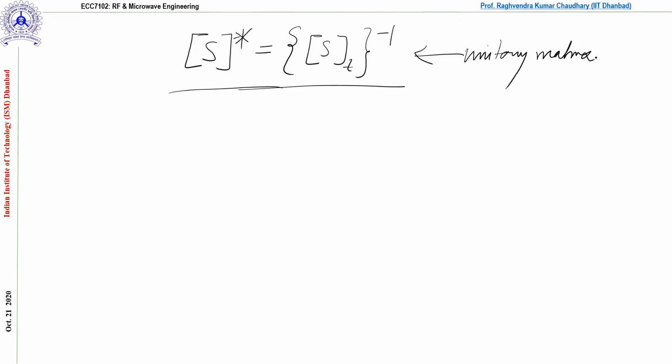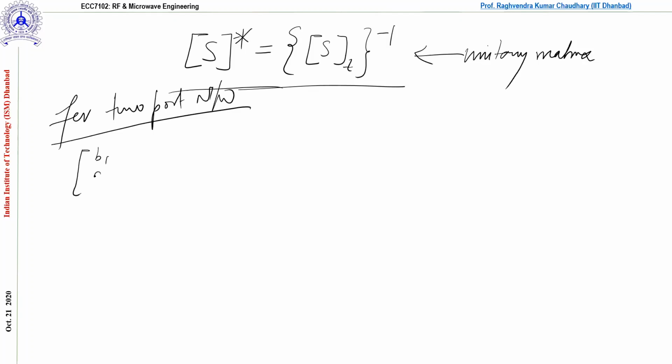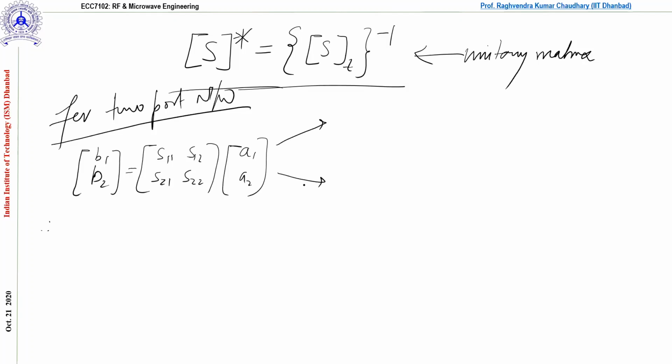So for the two-port network, a very trivial case we can take and we can see what will happen. So this will be B1, B2, S11, S12, S21, S22, A1, A2. Fine.